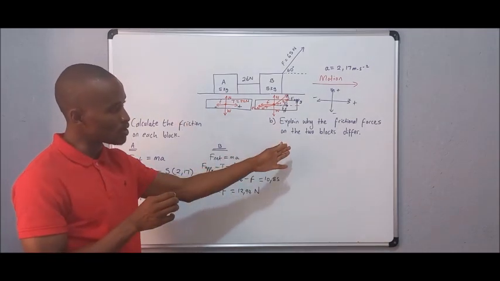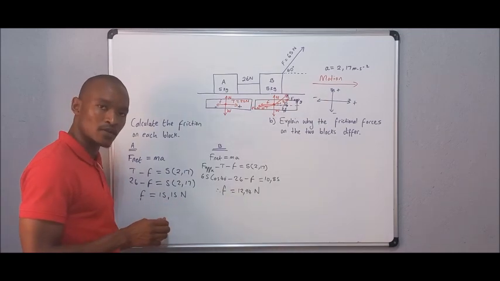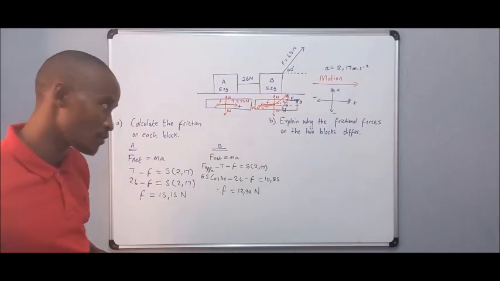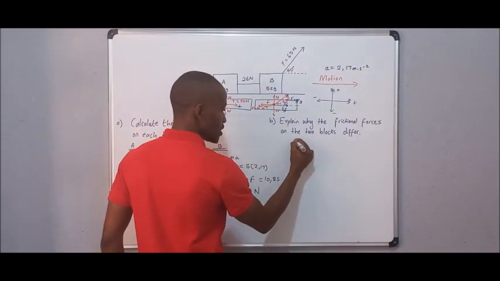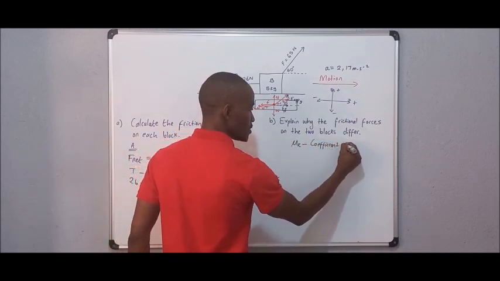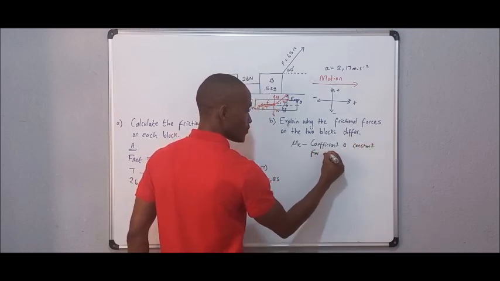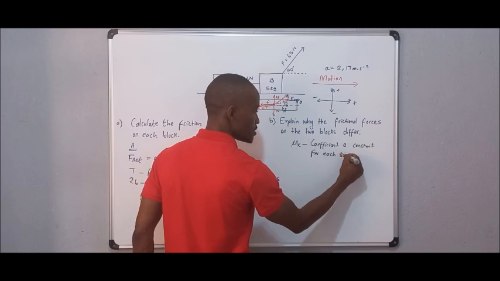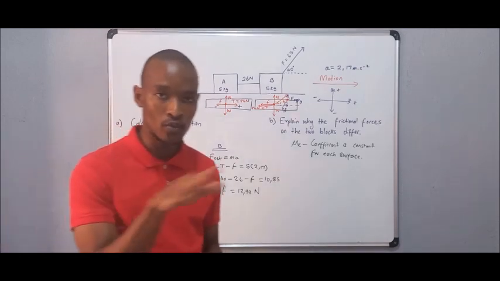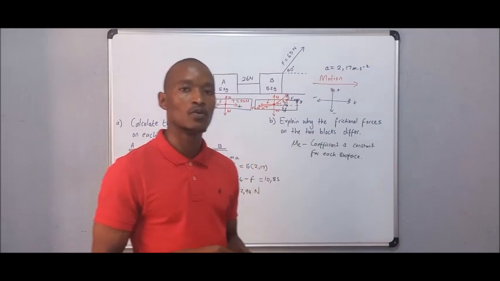So now you need to reason as to why there would be a difference in terms of the frictional forces. What is happening? What affects the frictional force? We understand that mu k, we need to reason by this, the coefficient is constant for each surface, or you can say for a specific surface, whether it's wood, ceramic, or plastic.